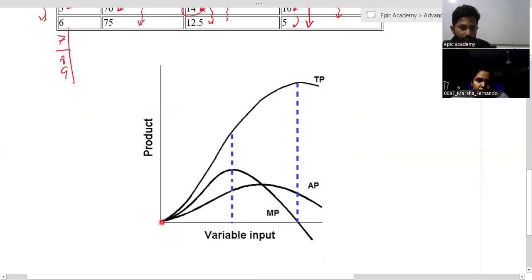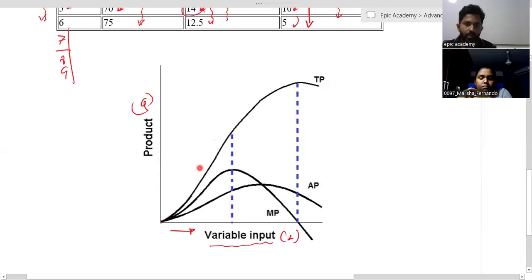So first of all, this is the variable input, I mean L, okay? This is the production output, I mean Q, okay? If you increase the variable input by one, what happened to the total production? It is going to increase.